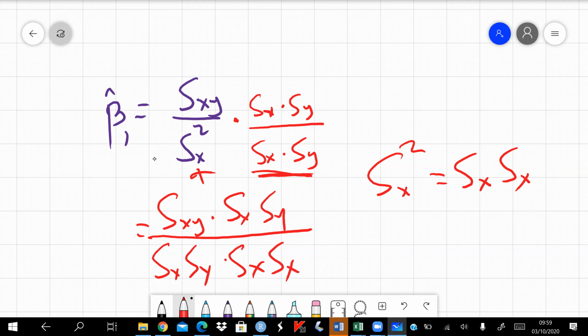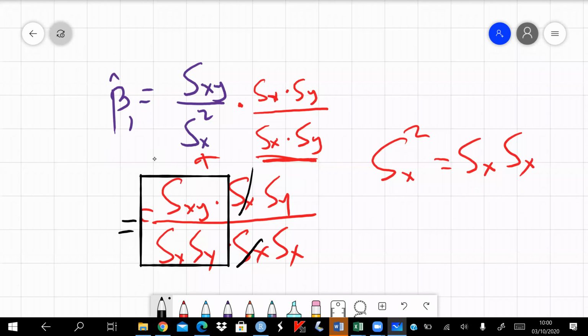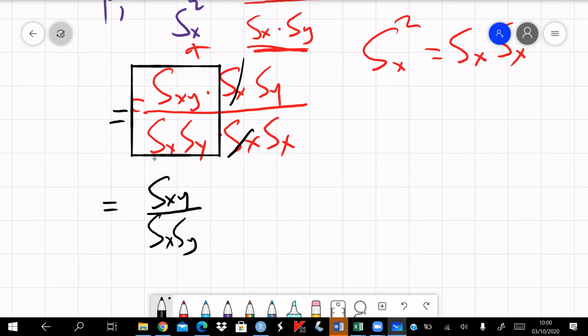So I can keep this one on one side. I'll be left with s of xy divided by s of x, s of y, multiplied by s of y over s of x.